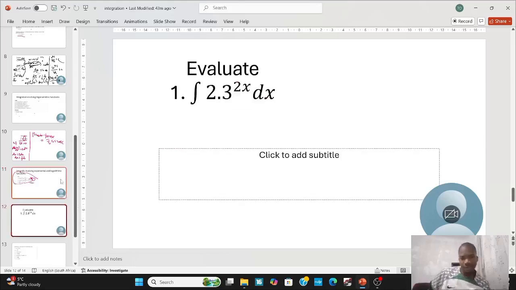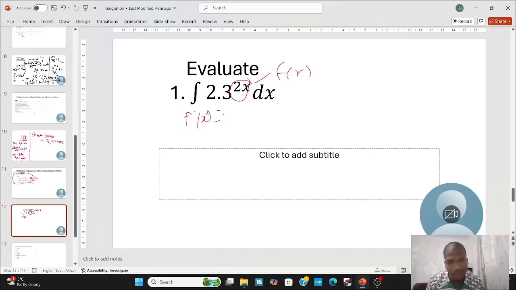Then this is the problem that we are given, right? First things first, we see that this is our function f of x, and this is the derivative, f prime of x, which is equal to 2, right?